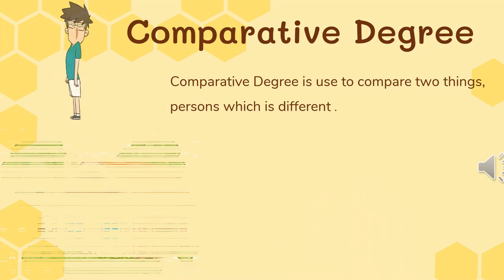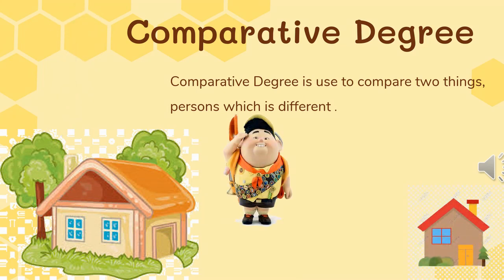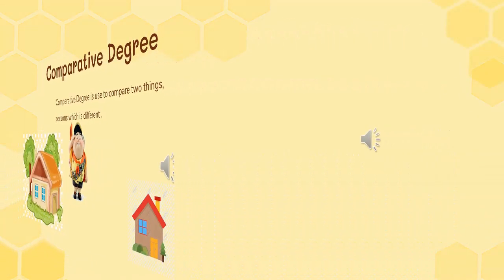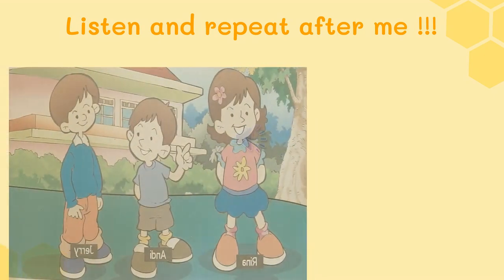As you can see in the pictures, there are two houses with different sizes. The one is big and the other is small, and the one is thin and the other is fat. Okay.